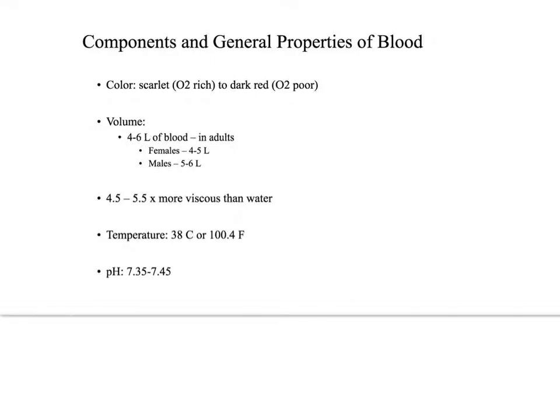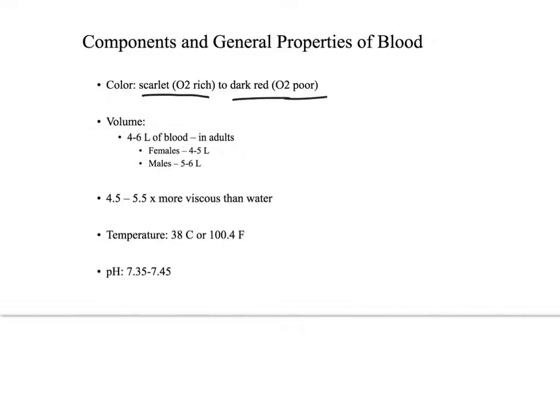So in general, if blood has oxygen in it, it's bright red or scarlet. So we don't say oxygenated and deoxygenated because there's always some oxygen in your blood, but what we say is oxygen rich or oxygen poor. So it's red if it has oxygen in it, and if it's oxygen poor, it's kind of more purpley or dark red.